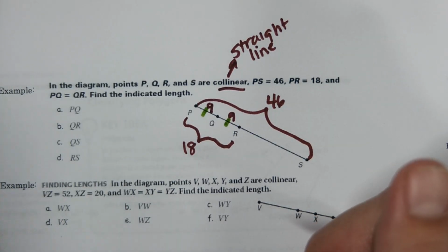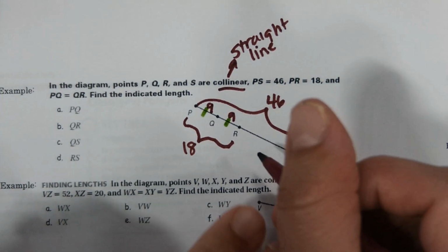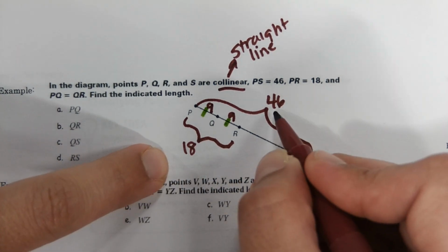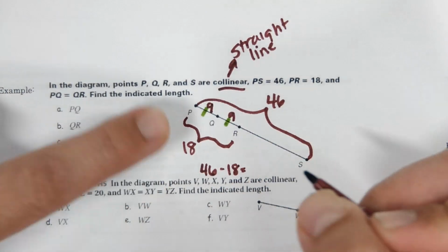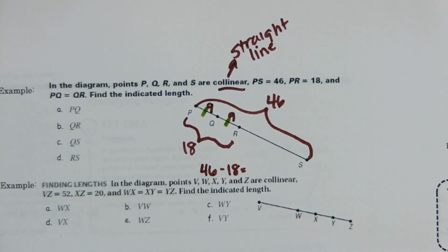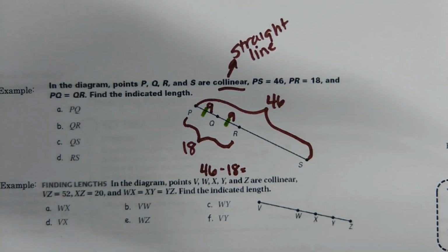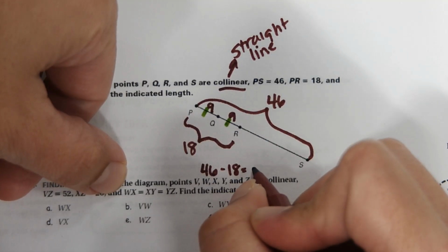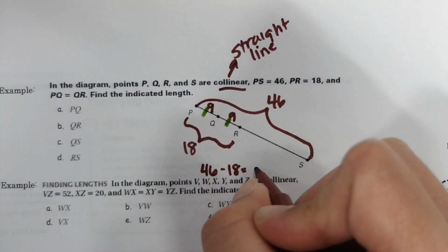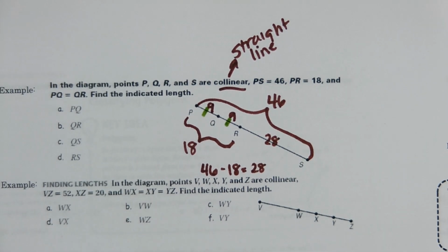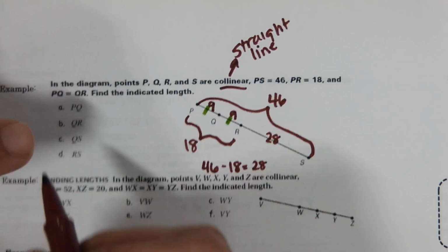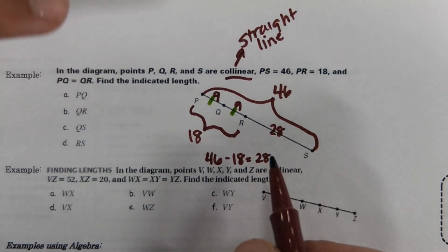And then for this here, we're going to just do 46 minus 18 to find this length. So 46 minus 18 equals, what is it? Good job. It's 28, actually. Right? 28. Okay. Then from here, I'm just going to answer the questions because I have everything labeled. It should be pretty easy.